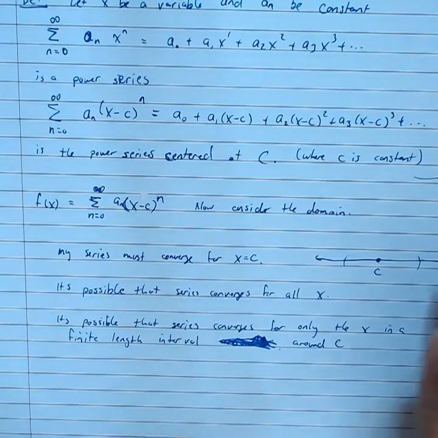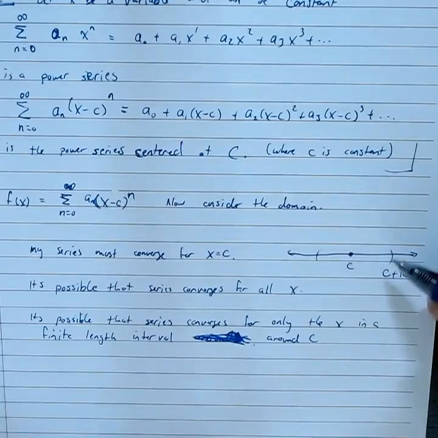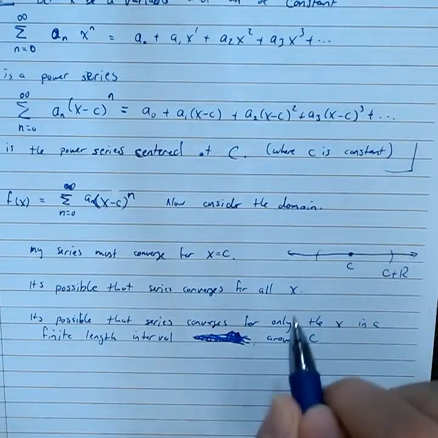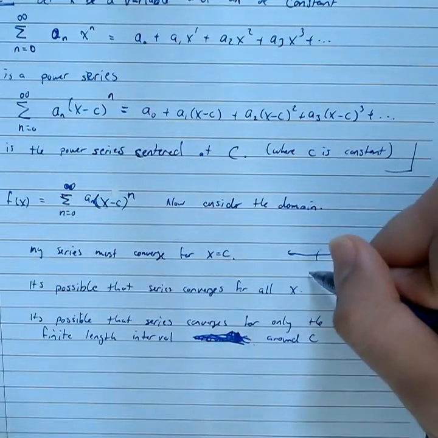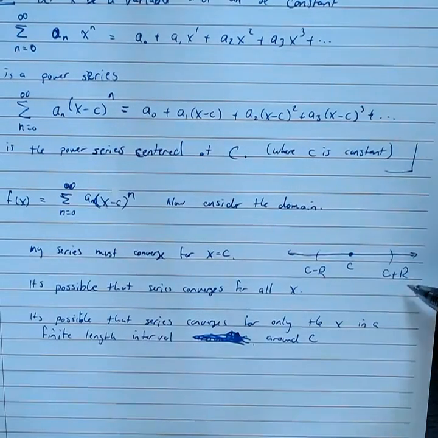This finite length interval could go out as far in one direction as it can in the other direction. It'll be symmetric. And the maximum value you can achieve is c plus some amount. Now I'd almost be tempted to use epsilon, but no one ever said that had to be a small amount. That could be pretty big. It can be big as long as it's still finite. And over here, this would be c minus r. This value r, which tells you how far away from your center you can go, is called the radius of convergence of your series.